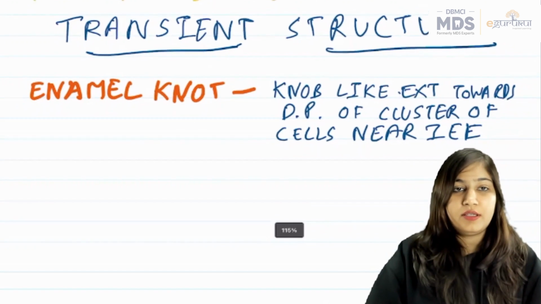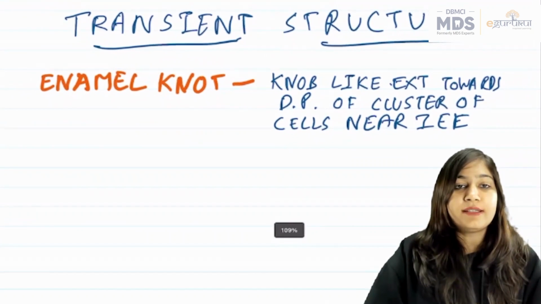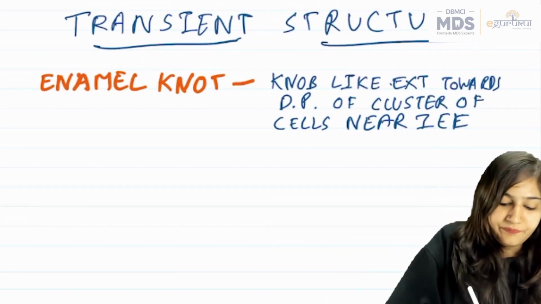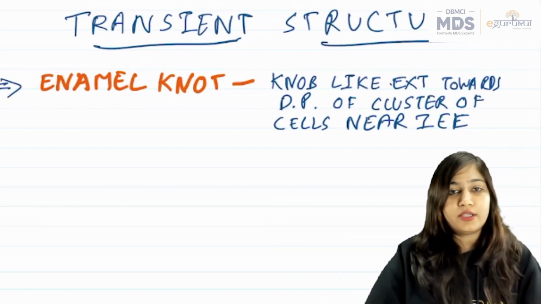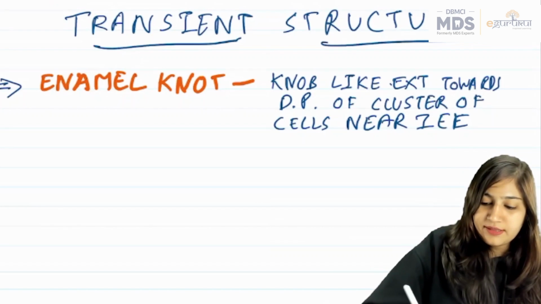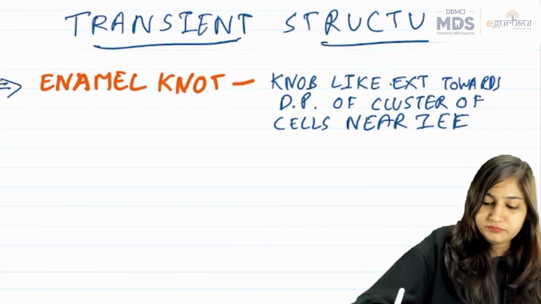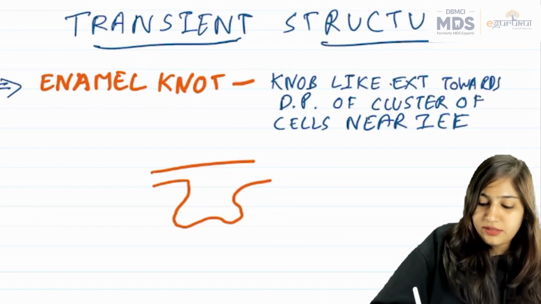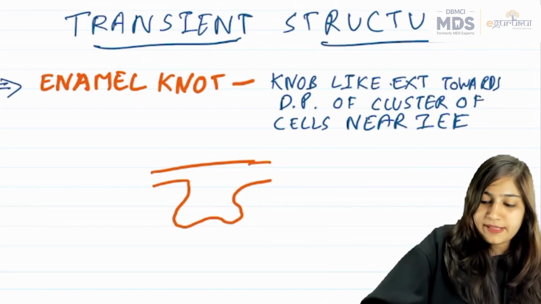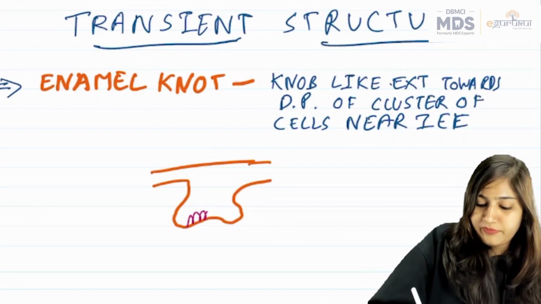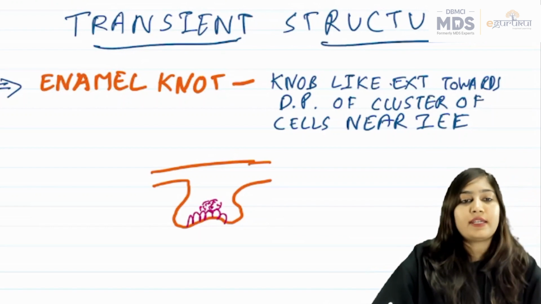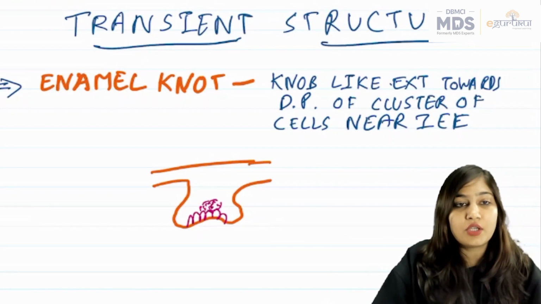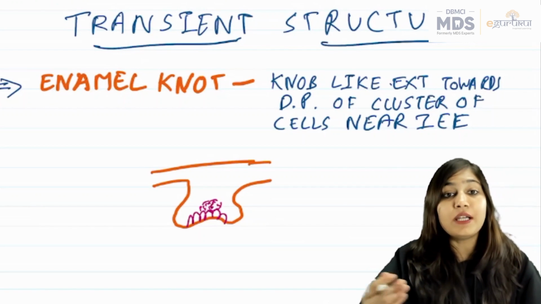Okay. So, which are the transient structures? First is enamel knot. If this is our enamel organ, enamel knot will be present near inner enamel epithelial cells forming knob-like extensions. This is enamel knot.